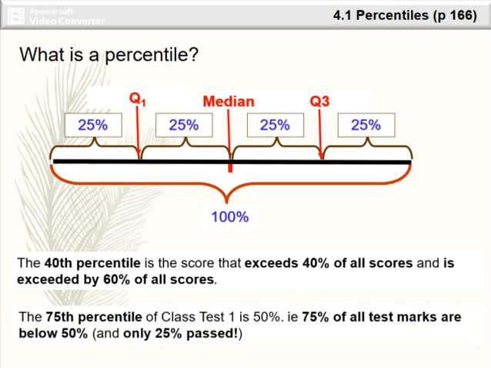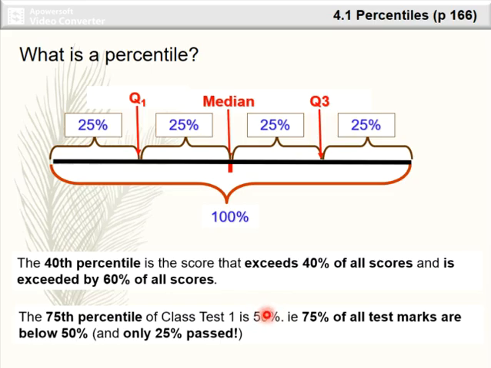Let's look at this second statement, also quite interesting. Let's say your lecturer comes to you after handing out a class test and says, dear students, the 75th percentile of class test 1 is 50%. Hopefully you interpret this as a horror, because what this means is that 75% of all the test marks are below 50%. Let's say 50% is your pass mark.